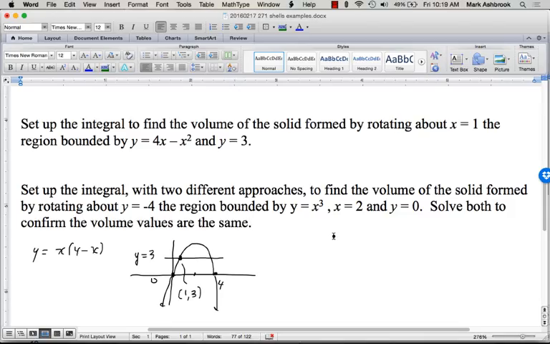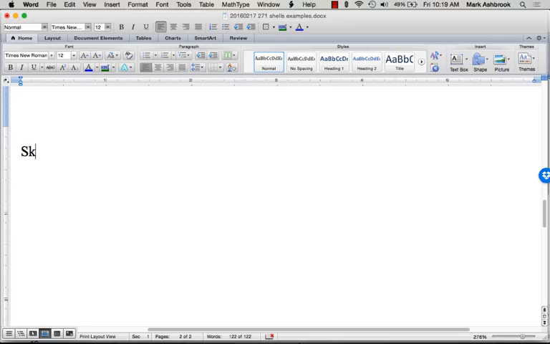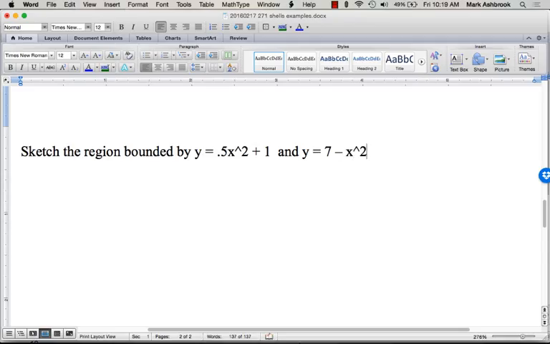So can you sketch the region bounded by y equals 1/2 x squared plus 1 and y equals 7 minus x squared? Do that. That should be doable.